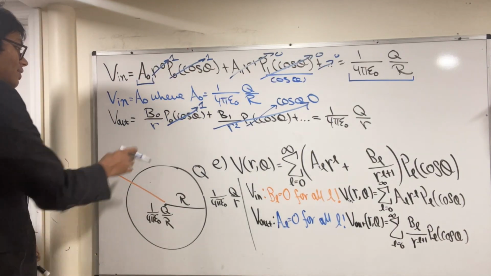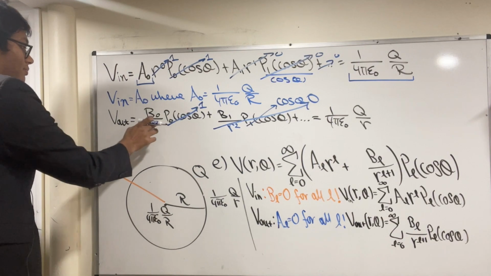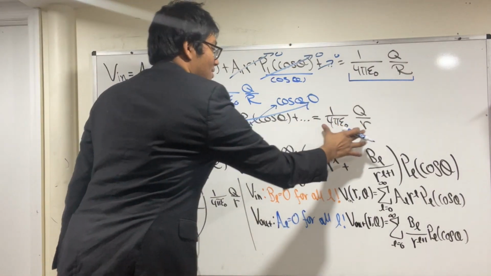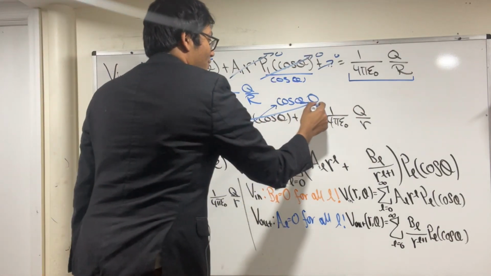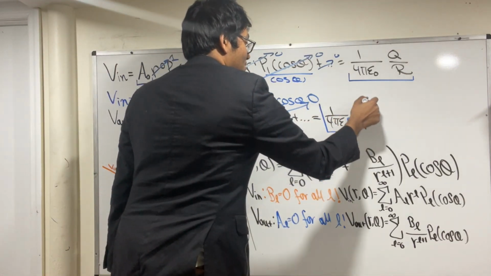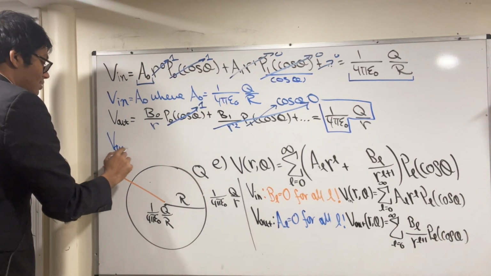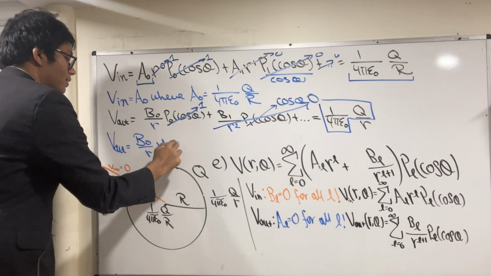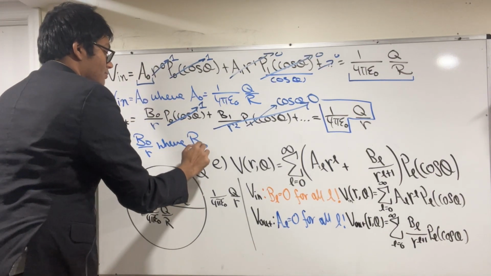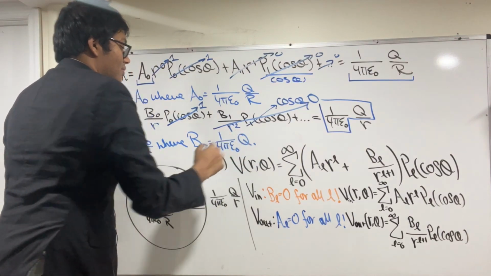All we need is this B naught over R term. Let's compare that to this. B naught, therefore, must be all of this. And so the electric potential outside is nothing more than B naught over R, where B naught is 1 over 4 pi epsilon naught Q.